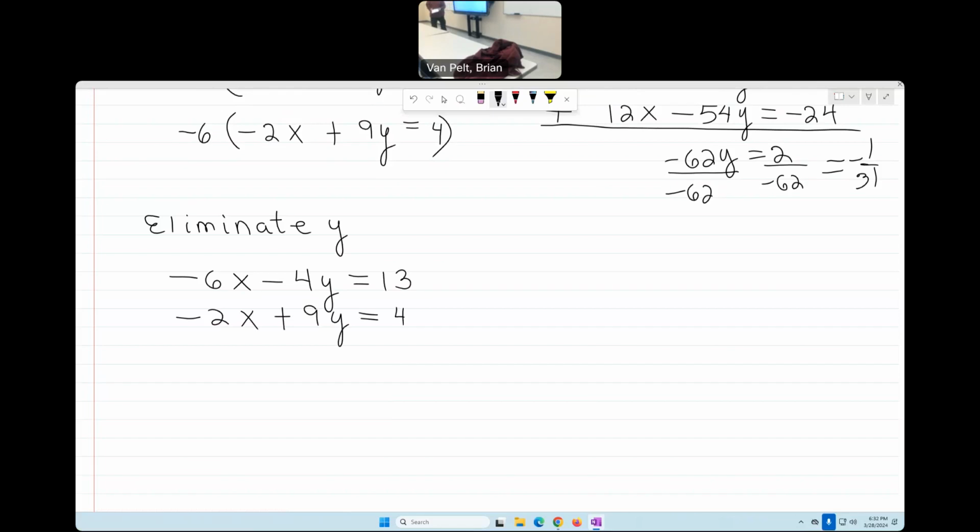So now I'm going to wipe out the y's. What should I multiply for the y's to work out? Multiply the top one by 9 and the bottom one by 4. They've already got the signs handled for me. If I do my quick multiplication, I'll notice a negative 36y and a positive 36y.